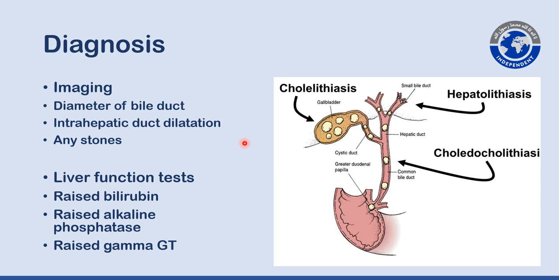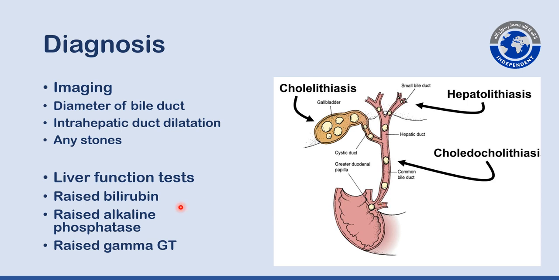Now, when these clinical features are there, we need to diagnose the cause, and it can be diagnosed by imaging the biliary tract and assessing the output of the biliary tract by liver function tests. If we image this tract, it can be imaged by different types of imaging, ultrasound scan and other things, in which we have to see the diameter of the CBD, and if there is any obstruction, there will be proximal dilatation of intrahepatic ducts, and if any stones can be visualized.